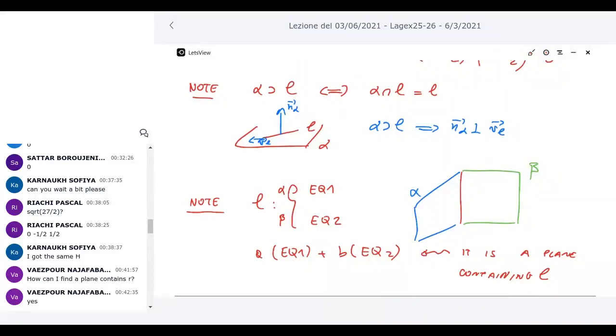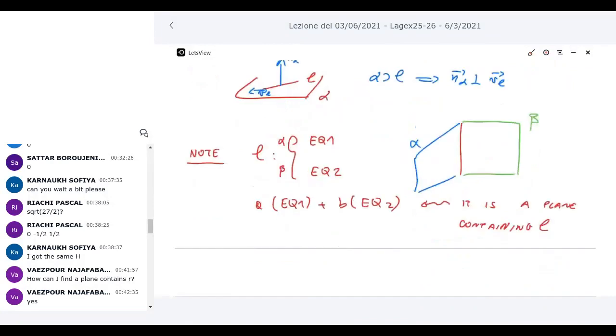For example, have a look at line R, which is x plus y plus z equals 0 and y plus z equals 0.